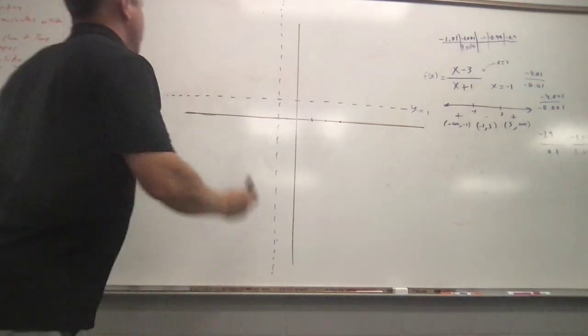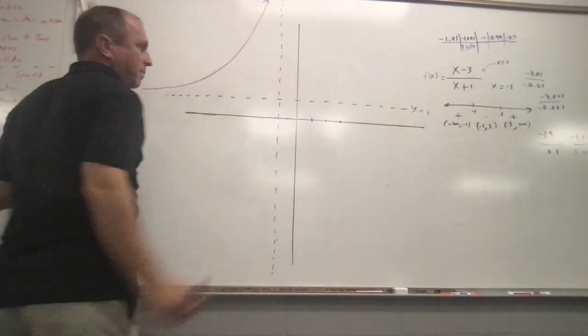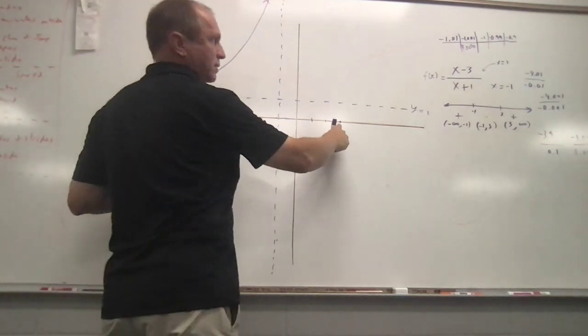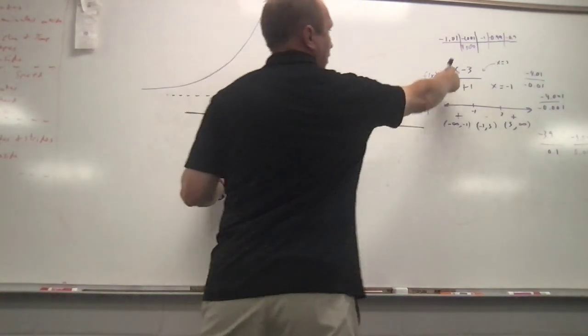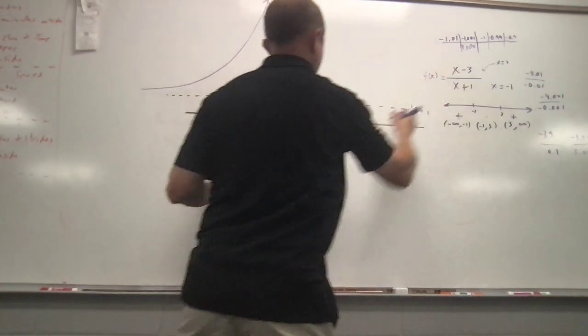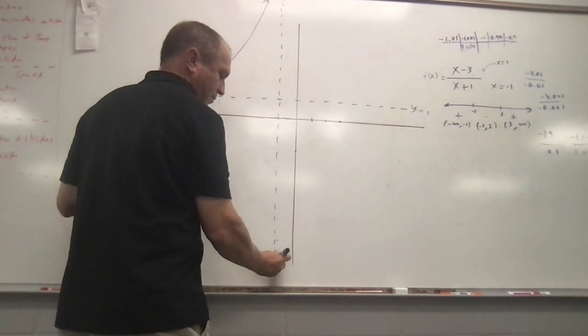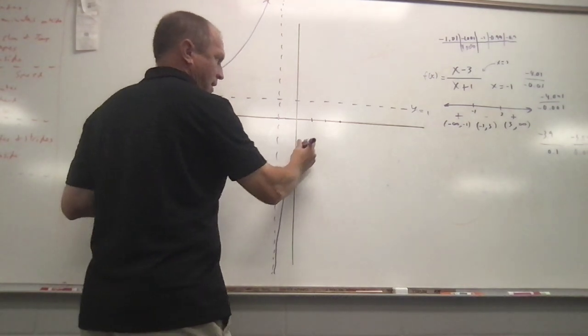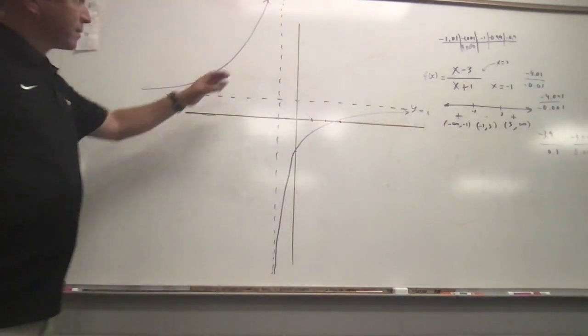All right, so my graph takes along this shape here. Now remember, we have to cross through this point here. Also, if we plug in 0 for x, we get -3, so the graph crosses through right here. So we end up with our vertical asymptote here.